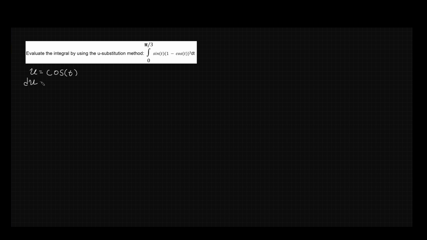So du is just the derivative of u. And if you have an integral chart, which is always a good thing to keep on hand, you can use it on Calculus 1 and 2 tests. You can have a note card with whatever handwritten notes you want on it, and it's always good to have a derivative chart that you can refer to. I have a section called trigonometric derivatives, and I have the derivative of cosine of x, which in this case is cosine of t.